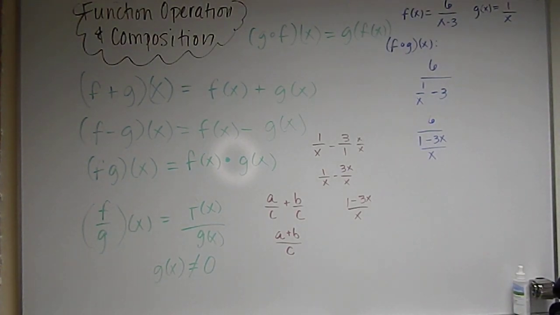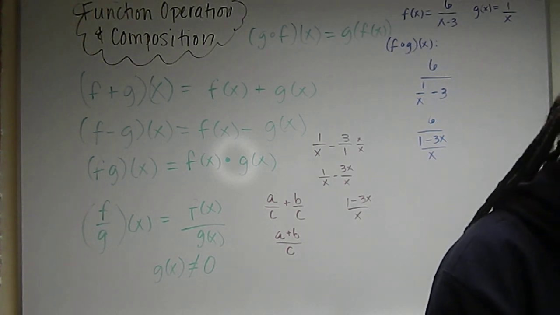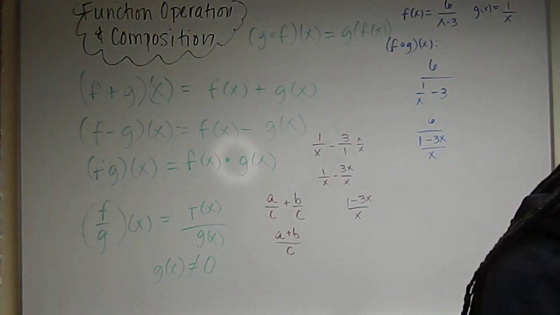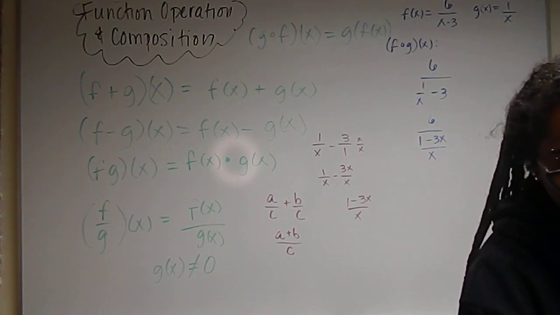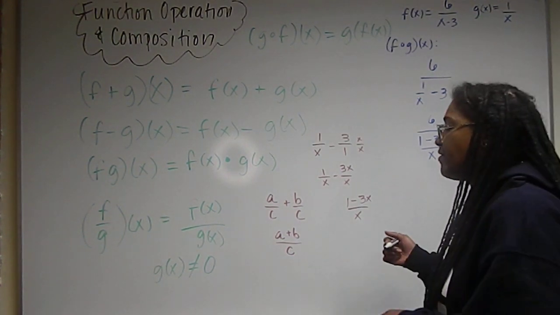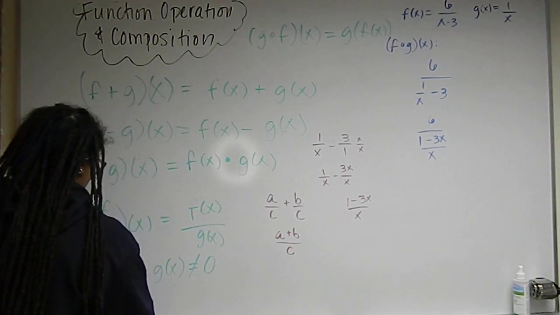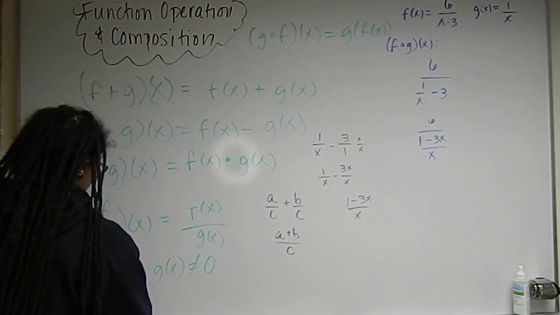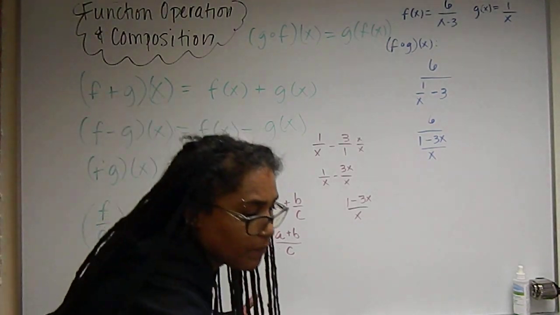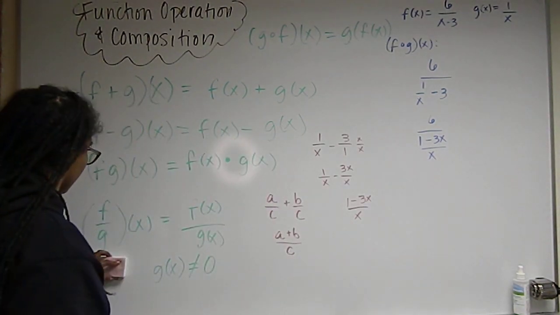However, it's less messy to work with because now we get to implement the rules for dividing fractions. And your rule for dividing fractions, right, is, I'm just going to use A over B. Well, can you see over here? I don't know if you can see over here.